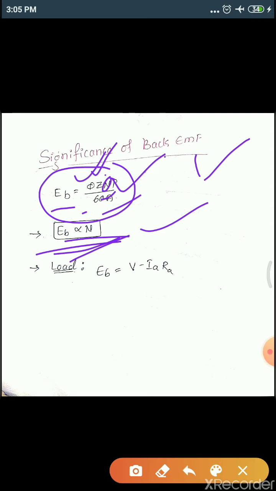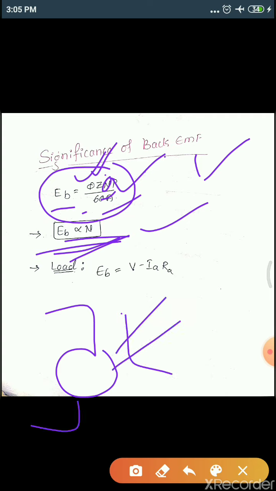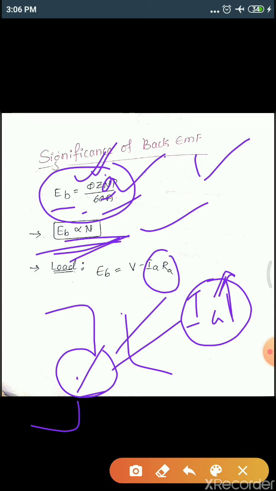Now we'll see how loading affects the back EMF. When you load the machine, that is a motor, Ia starts increasing. When Ia increases, the voltage drop IaRa also increases.